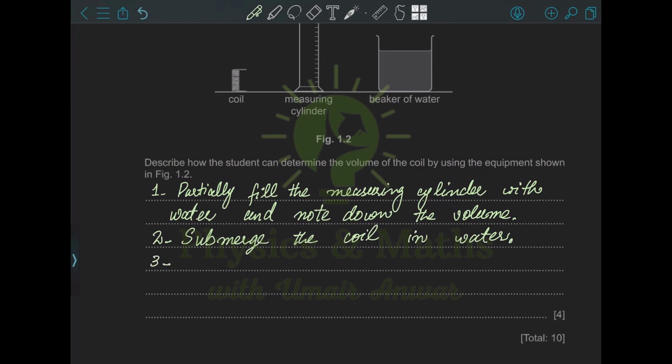Number 3, note down the new reading of volume.